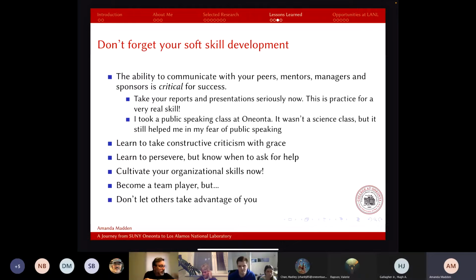But the flip side of that is don't let others take advantage of you. I'm very lucky I haven't had this experience, but I've seen it from other colleagues when I was in grad school. You are not cheap labor. That is not the point of being a grad student. The point of being a grad student is to become the next generation of subject matter expertise.